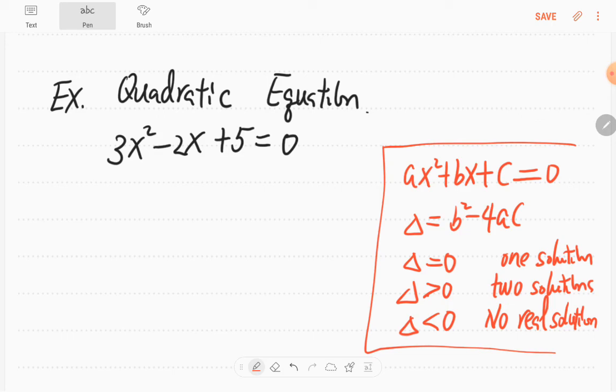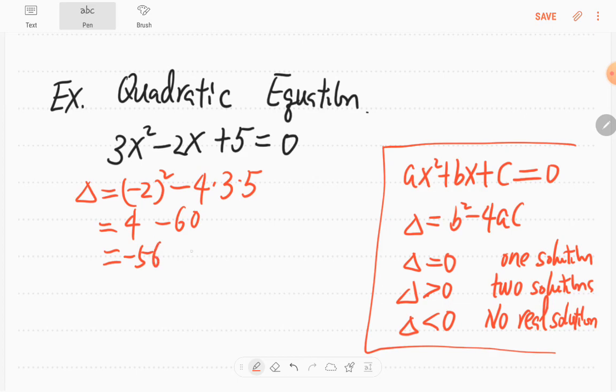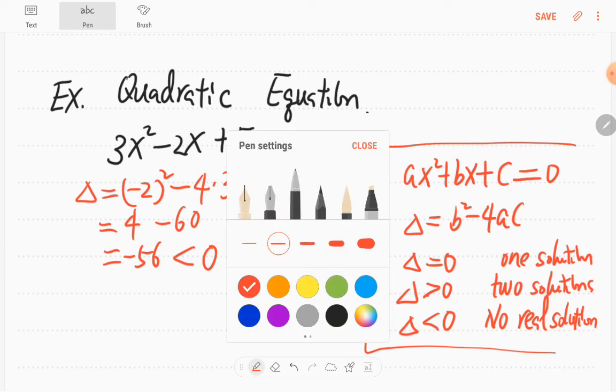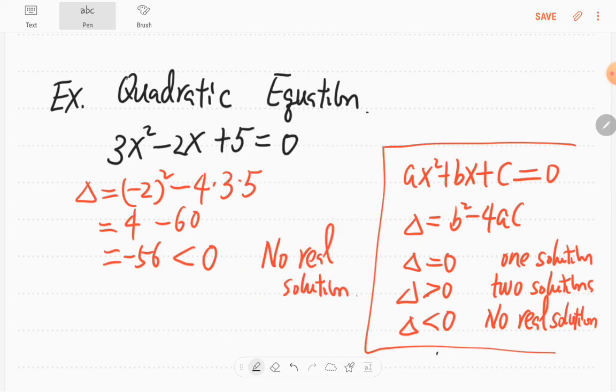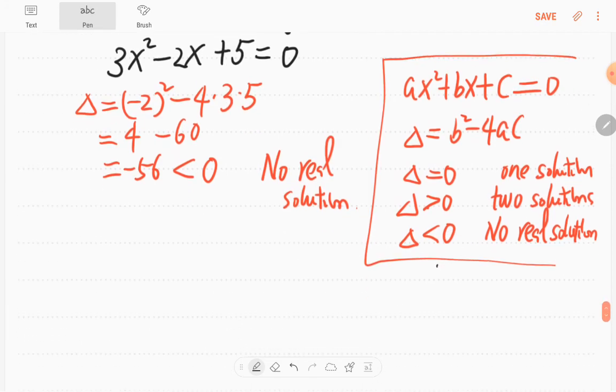So here, the discriminant is b squared, b is -2, so it's -2 squared minus 4ac, 4 times a is 3 times c is 5. So this is 4 minus 60, so it's -56, which is less than 0. So that means no real solution. However, if we consider complex numbers, it actually has a complex solution.